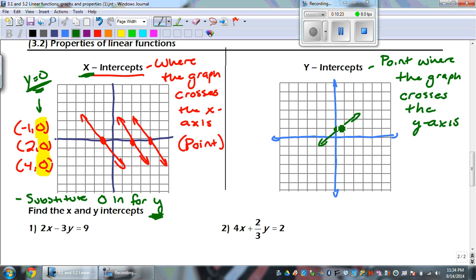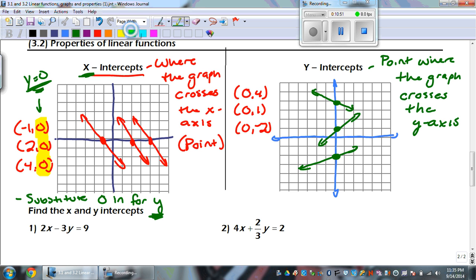That would be my y-intercept. Or the graph could come through like that, and that would be my y-intercept. Or it could look like this, and that would be my y-intercept. Now if you write down all of these ordered pairs, this would be the ordered pair 0, 4, 0, 1, and 0, negative 2.